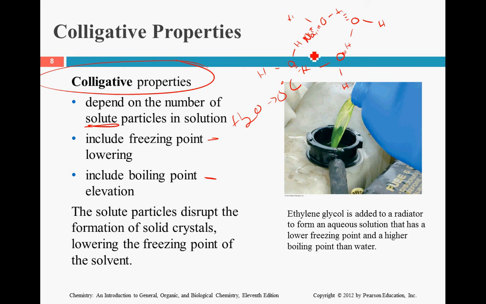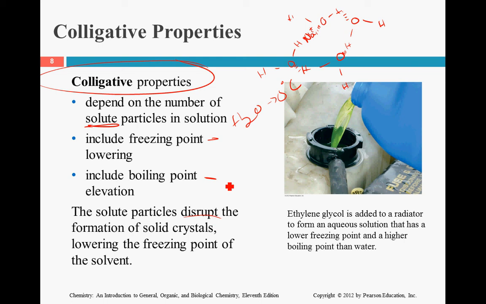Therefore, that interrupts that attraction. And the fact that it can't have that nice crystal now, it interrupts the way that things are attracted to one another. And so it forms more of a slushy than it does solid ice.